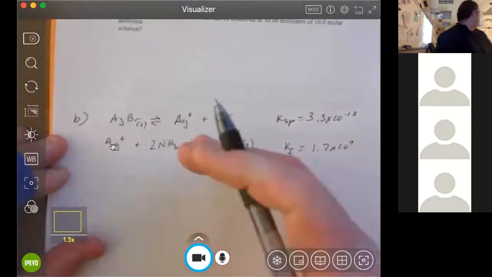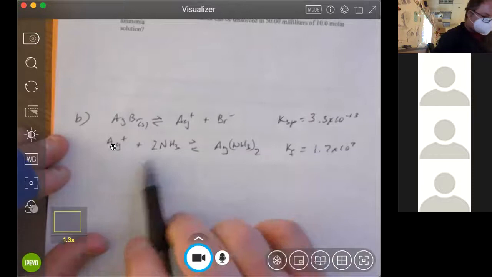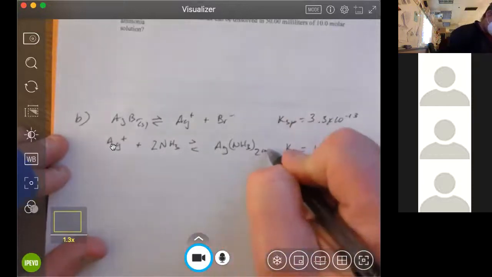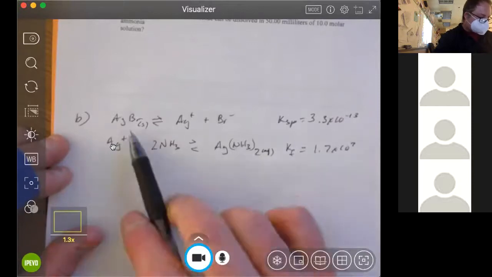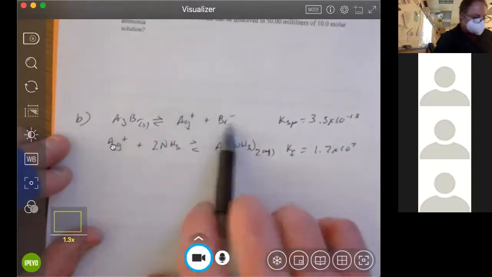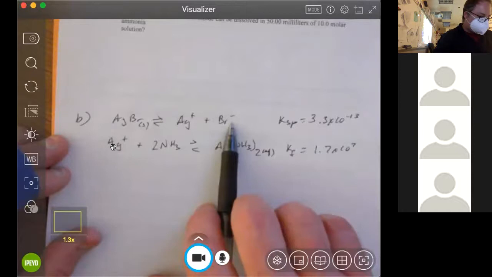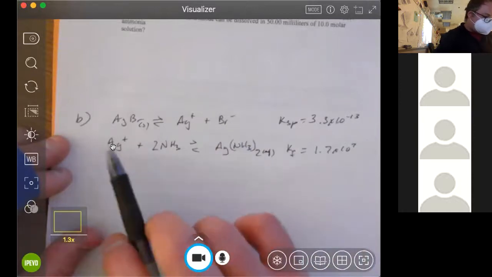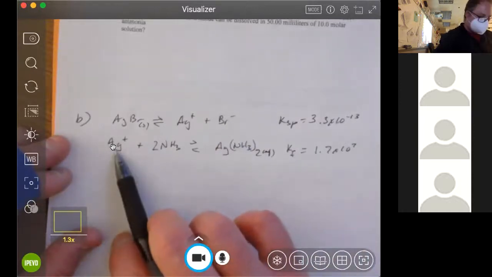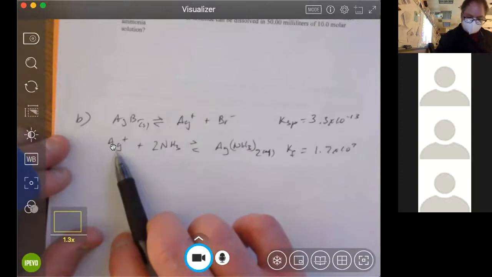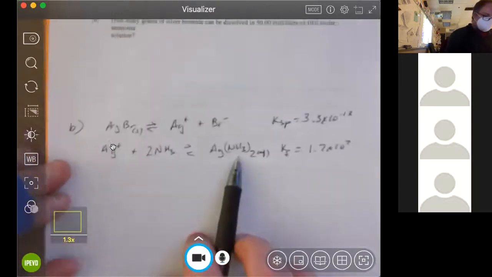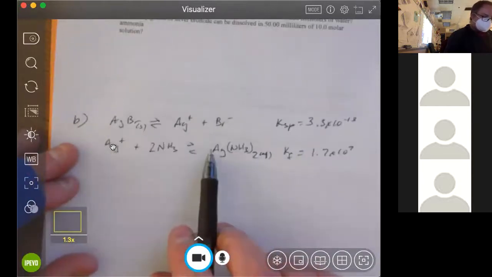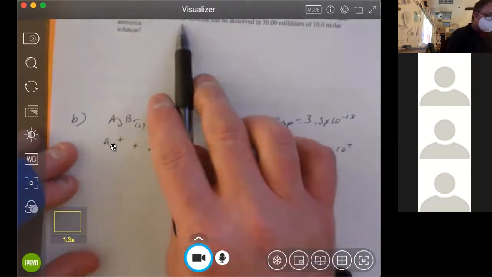That's not going to affect any of my K. This is aqueous, so that is going to be a factor. Everything else is aqueous. But looking at this, if we get this made, then that will make more of this, which will make us go where? Make us go forward.